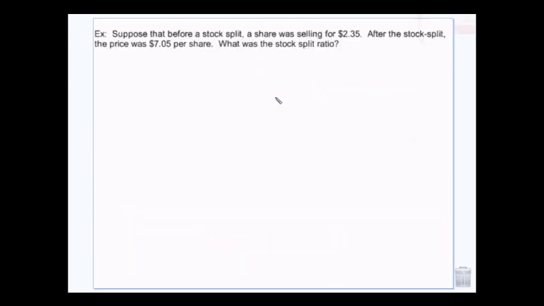What the stock split ratio is, if we know the pre and post value. Okay, so because we have that the post-split money is equal to B over A times the pre-split money. Okay, well we know that the post-split is 705.